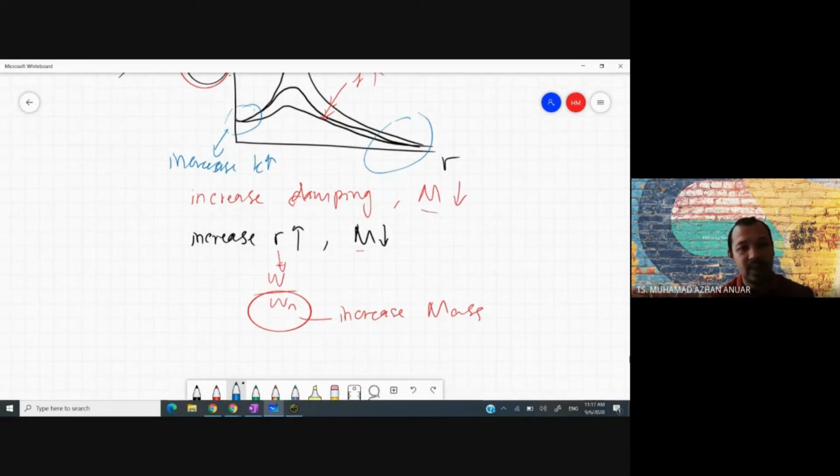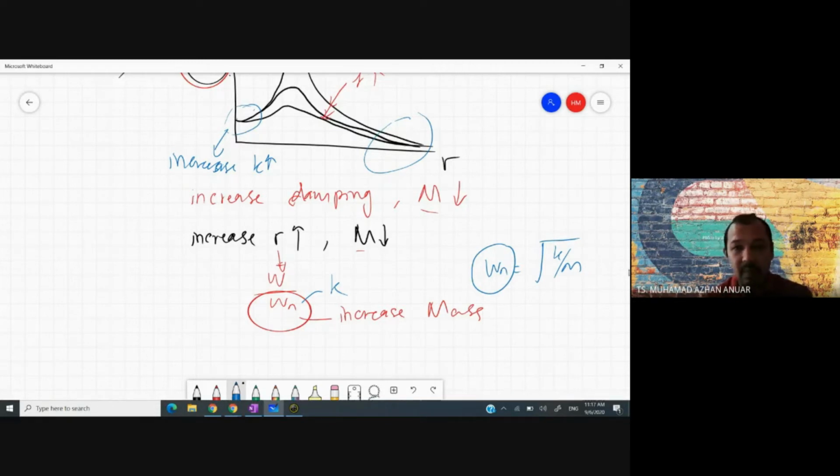We can control K at this region. So omega N is equal to square root of K over M. In order to decrease omega N, we can increase the K value for this one.